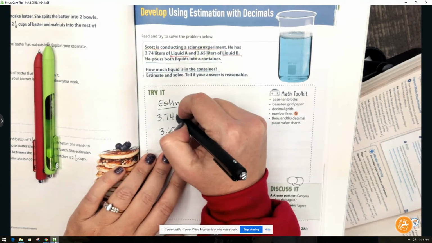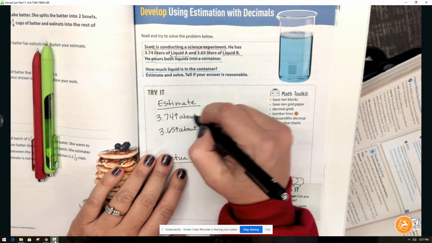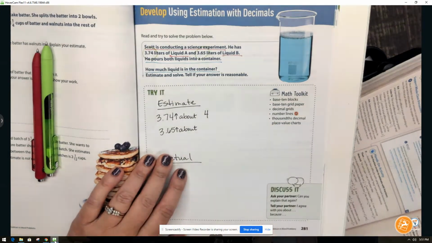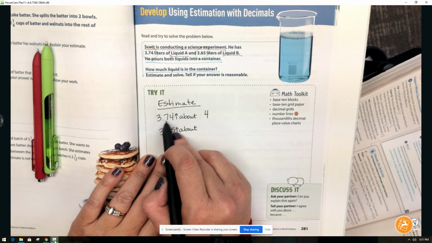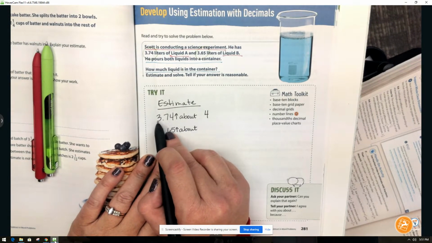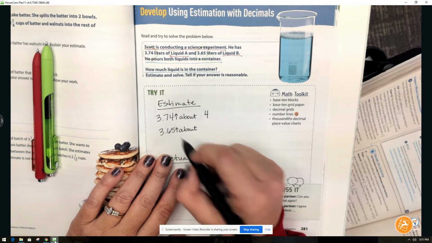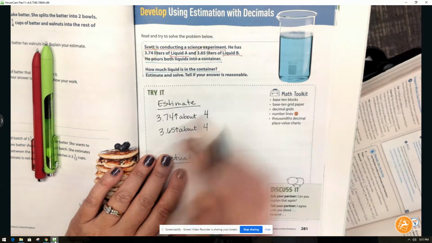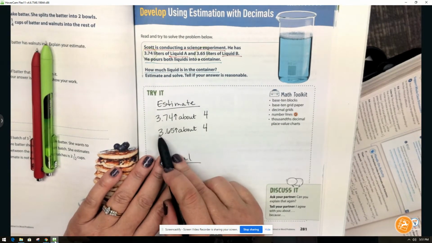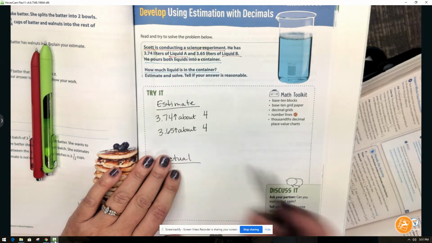If we round both of these values to the nearest whole, 3.74 is about 4, because if we put the door here, 7 is 5 or more, up the score, which would make this a 4. And then we round 3.65 also to 4, because this 6, if we drew our door, would round the 3 up to 4.